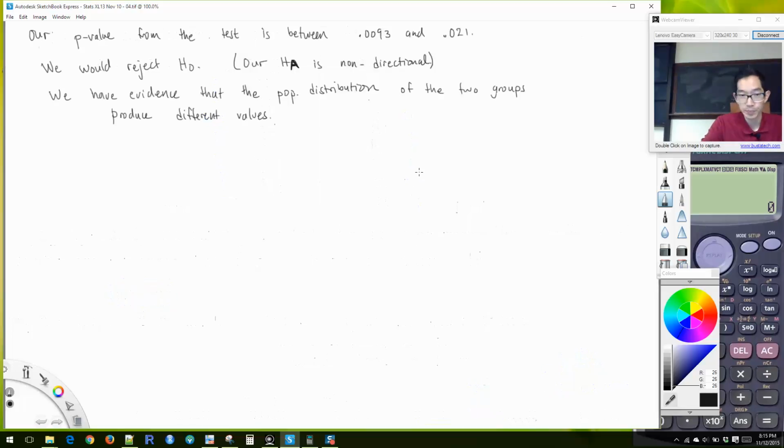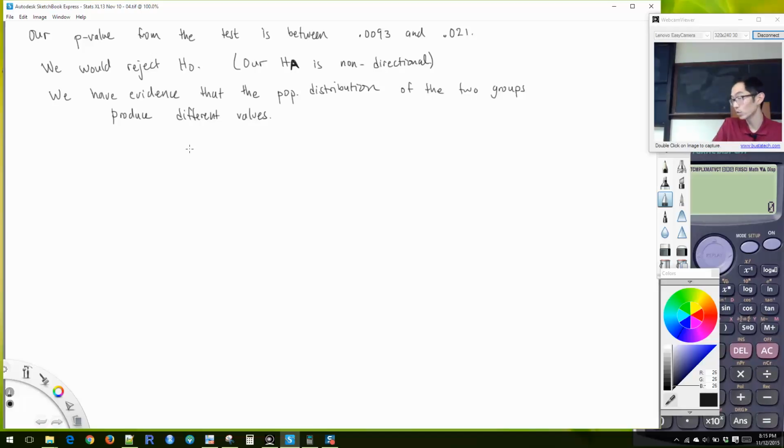And so even though our original alternative is non-directional, we can make a directional conclusion because we have found enough evidence to convince us to reject the null with a non-directional alternative, and our data supports a directional conclusion.